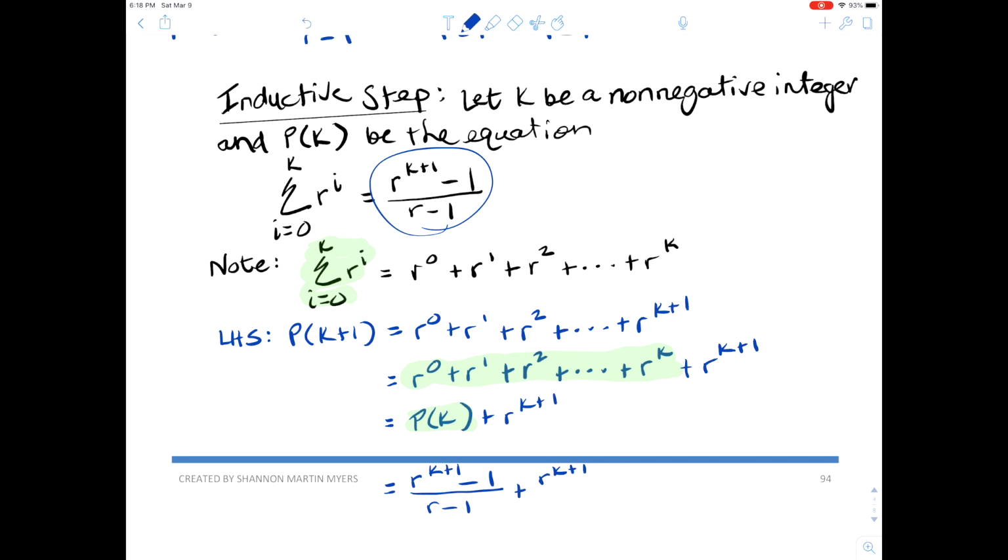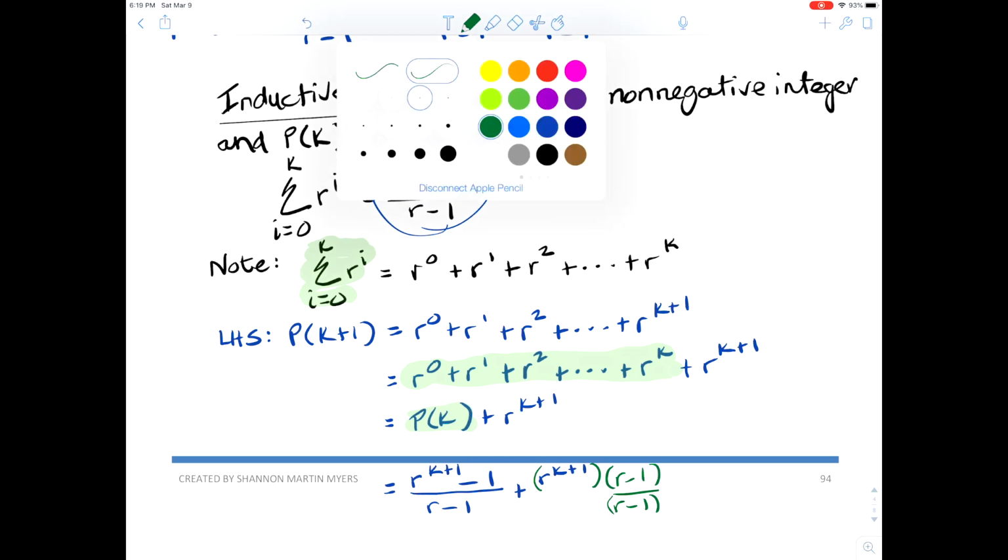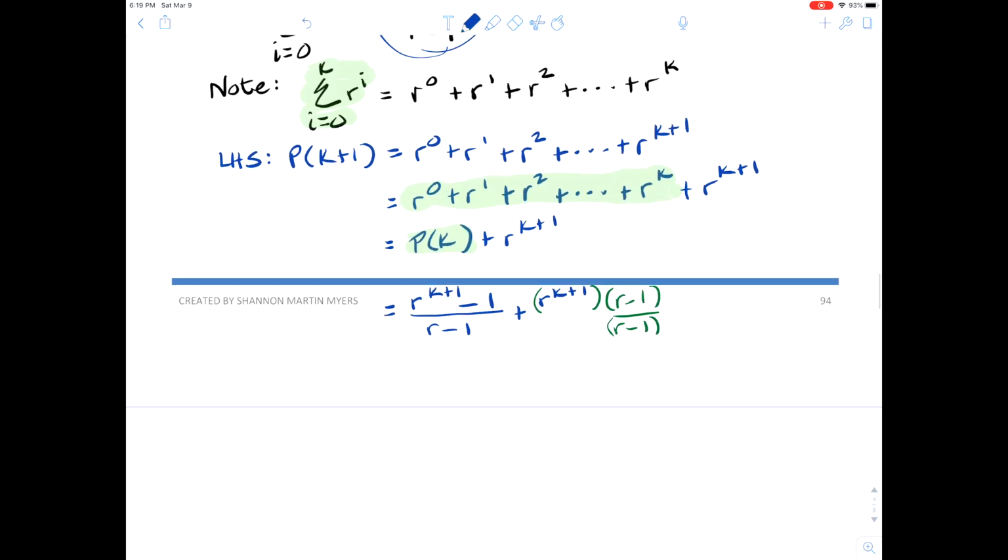Now, getting a common denominator, let's see what happens. We need an r minus 1 over r minus 1. And we need to clean it up a little bit.